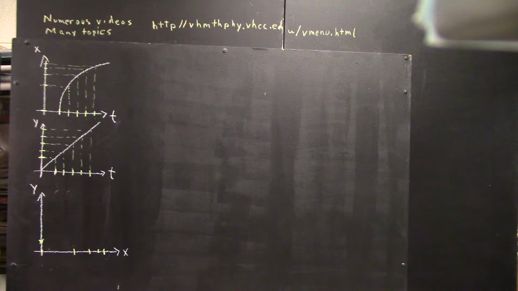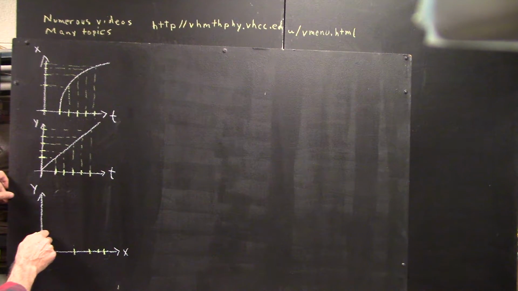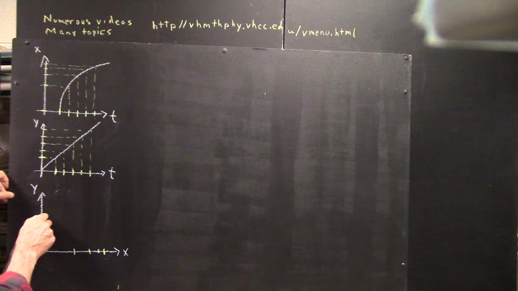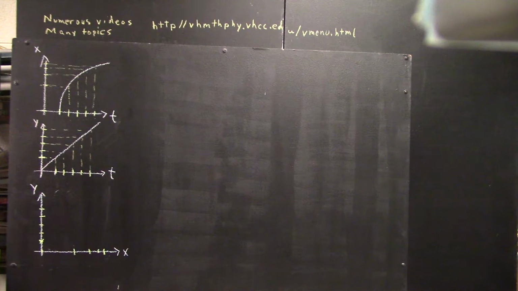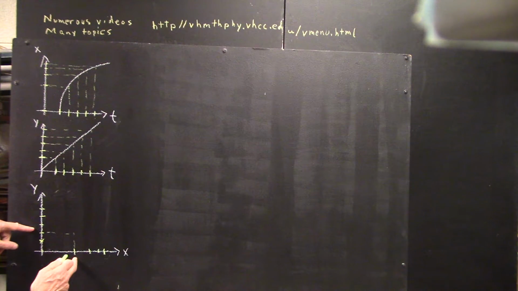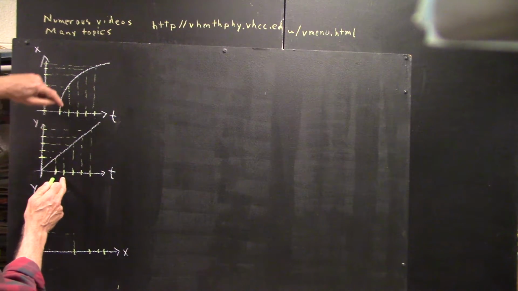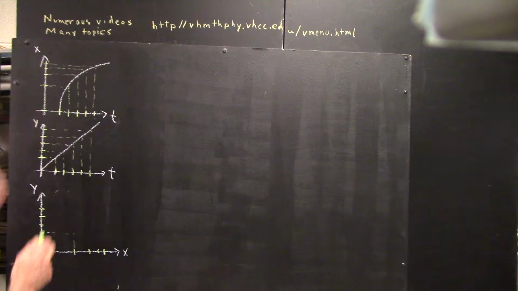Now we've already plotted the first point corresponding to this, and now we just have a series of equally spaced y values. Okay, well, this y value corresponds to this x value because it came from the same t value. The values of y and x came from the same value of t.